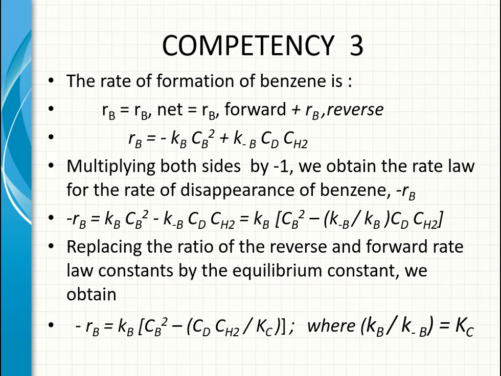And if we replace the ratio of the reverse and forward rate constants by the equilibrium constant, we will have that minus Rb is going to be Kb times the concentration of B to the second power minus the concentration of D times the concentration of hydrogen divided by the equilibrium constant Kc. And here, Kb divided by K minus B is equal to the equilibrium constant Kc.